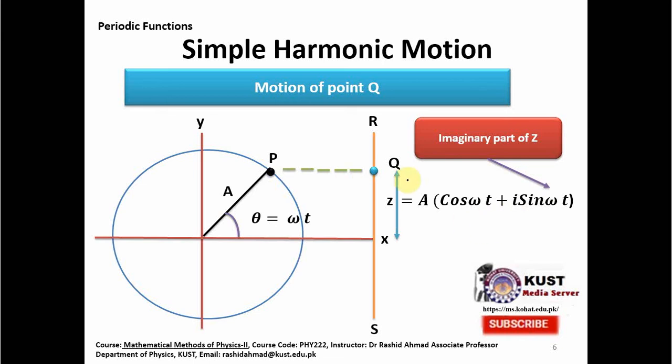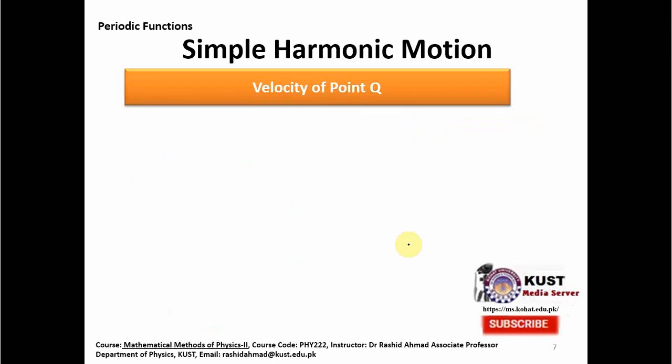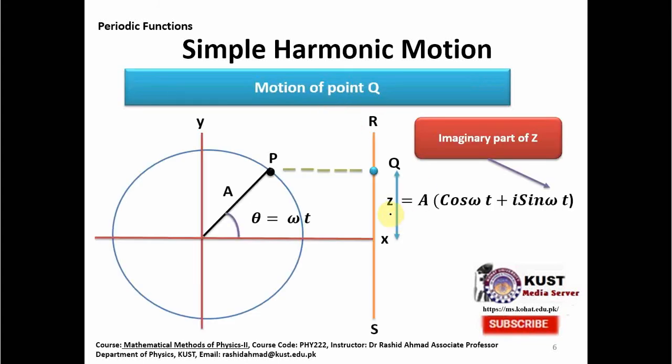Therefore, we now know that the motion of point Q is a simple harmonic motion. Now we move towards finding the velocity of point Q, and it's very simple, because in the previous slide we know that Z equals a times cos omega t plus i sin omega t.